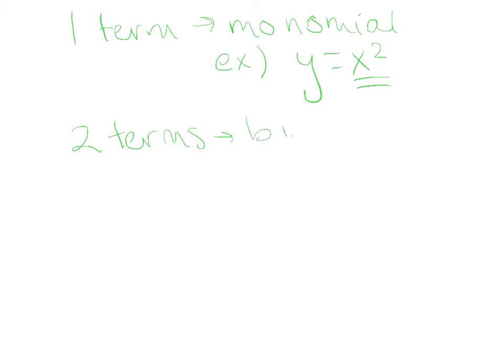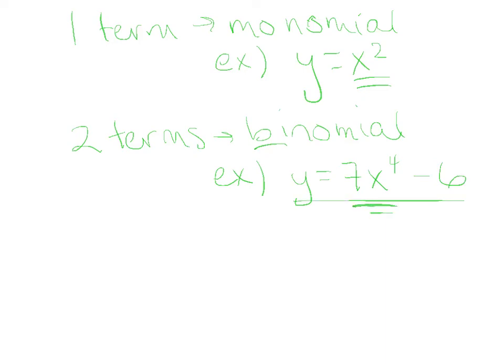You have a binomial. Bi, like bicycle, has two wheels. A binomial would have two terms. So for example, y equals 7x to the fourth, which would also be a quartic, minus 6. So this actually would be a quartic binomial if we were to use both names at once.